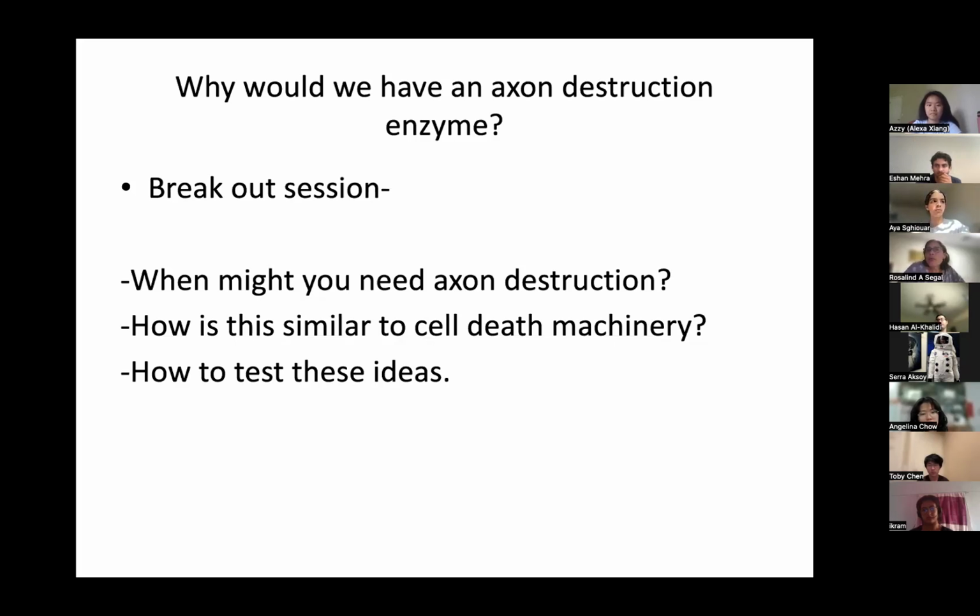When might you normally need axon destruction? How is this similar or different from the cell death machinery we talked about? And as always, how can we test some of these ideas? So enjoy your breakout rooms, and we'll come back in about 7-8 minutes.